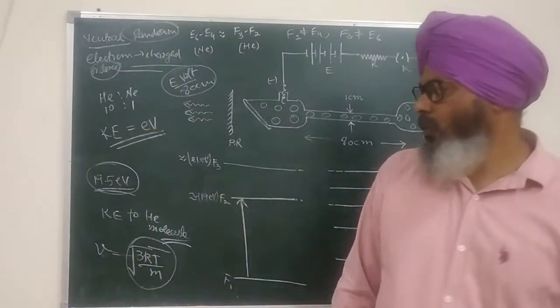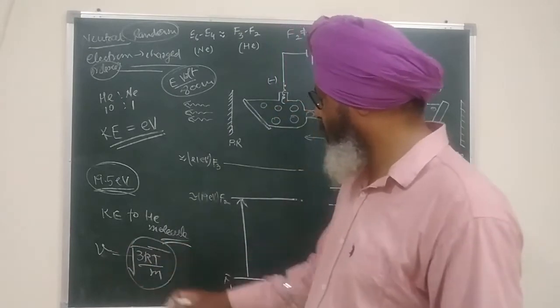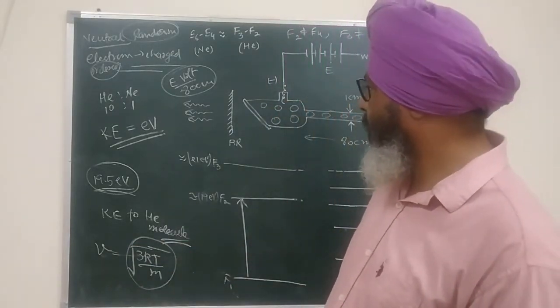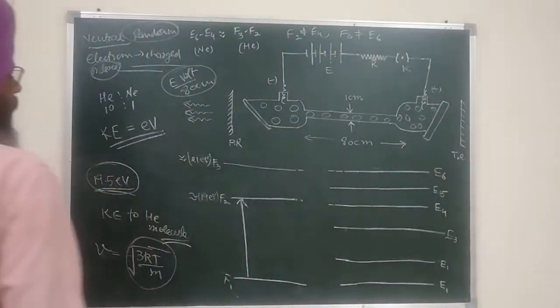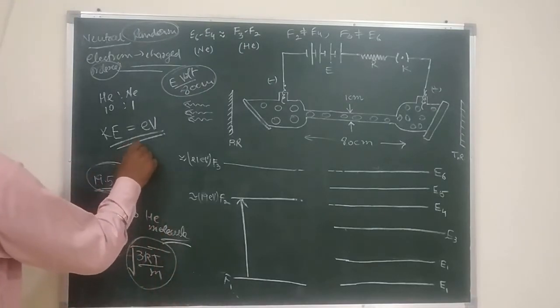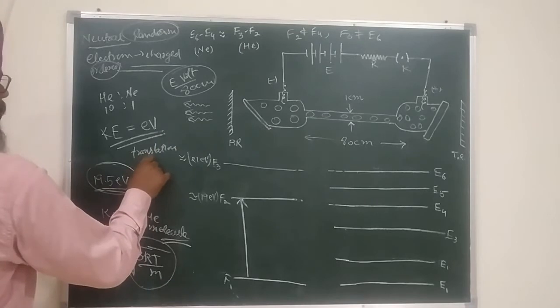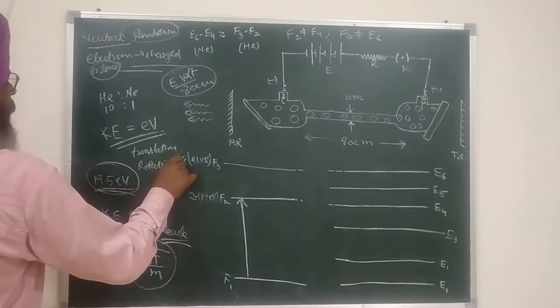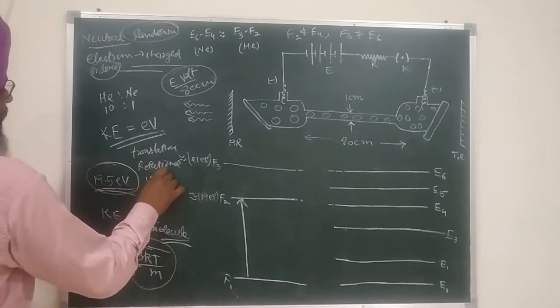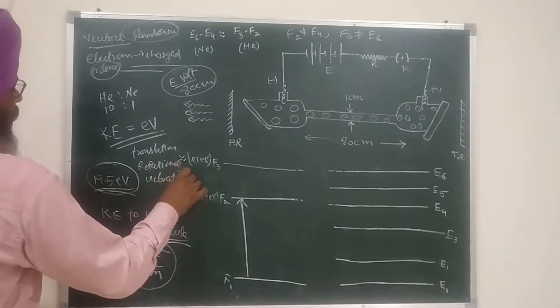So the additional energy will give speed. Kindly remember that three kinds of motion can be possessed by molecules. One is called translational motion, another is rotational, and the third one is vibrational.